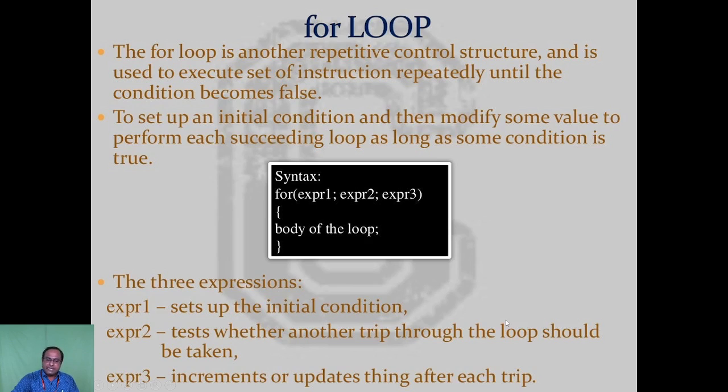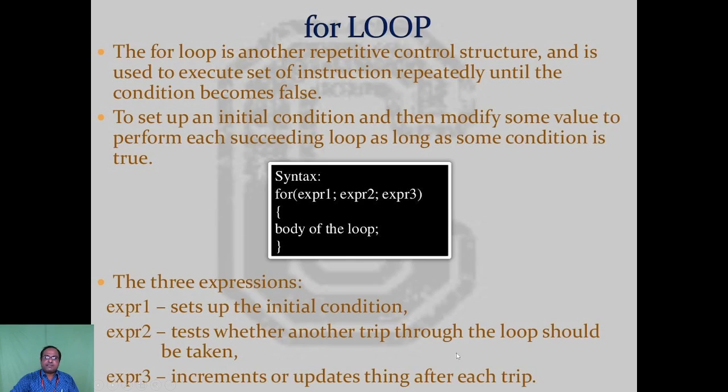For example, the initialize statement, the condition and the increment operation are all written separately in the while loop. But in the for loop, these three things are applied in a single instruction. First there is the initialize condition, that is expression 1, second is the test condition, that is expression 2, and finally the increment or decrement operation, which is expression 3. After this it will enter the body of the loop.